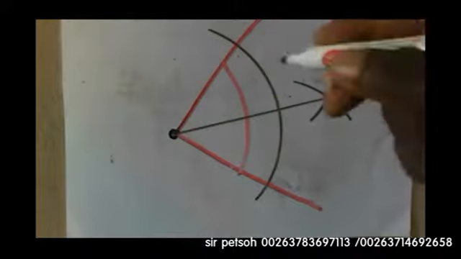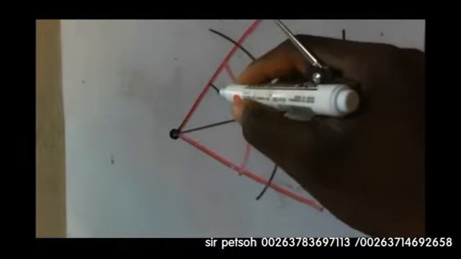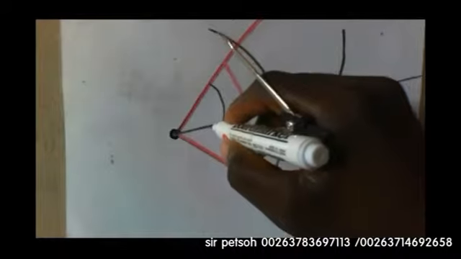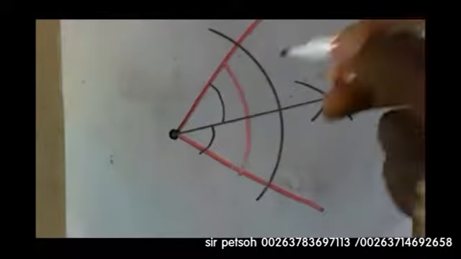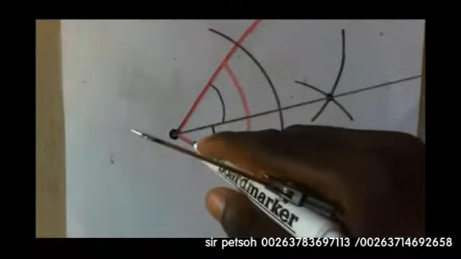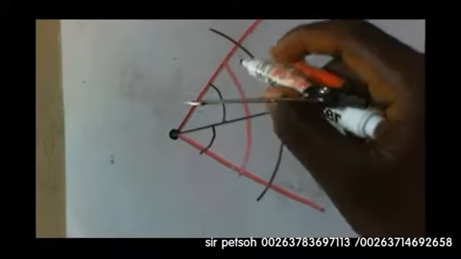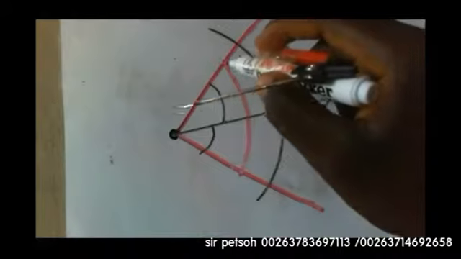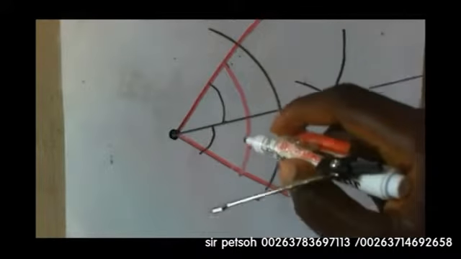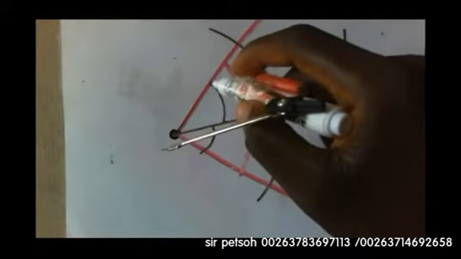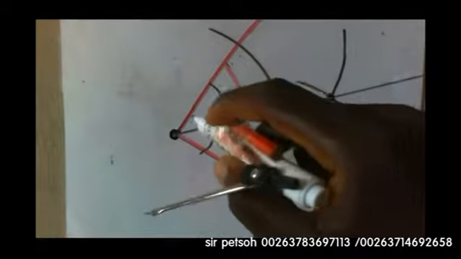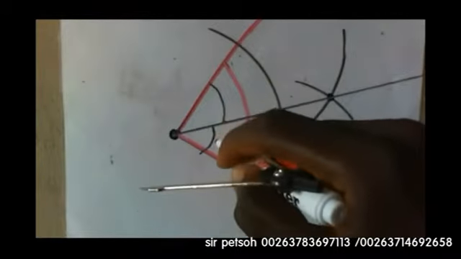So it means if this angle is equal to this angle, these two angles are equal. In other words, this angle is half of this whole angle. If this whole angle was 60 degrees, this angle should be 30 degrees.